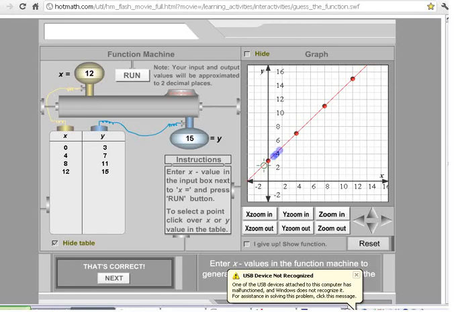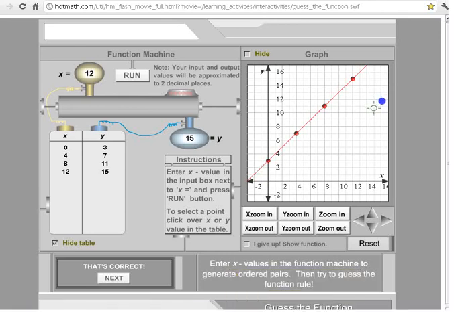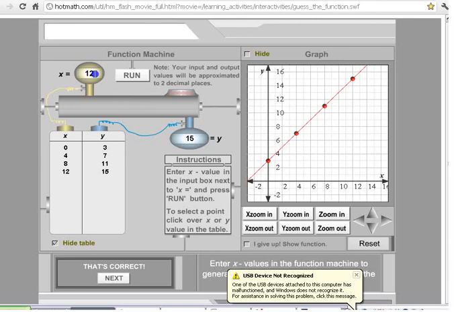That's the graph. Why do you think they show that line there instead of just dots? To show that it's linear. But what else? Continuous. What if I put another number in here like 2, one that I didn't do? Where is it going to be? On the line. The line shows you where all the points are going to be.